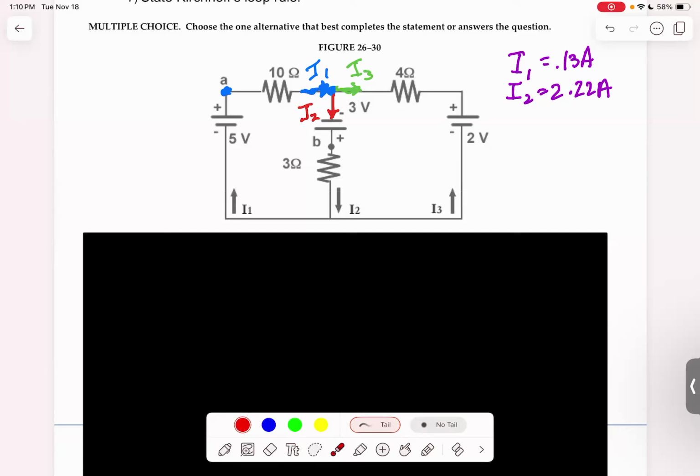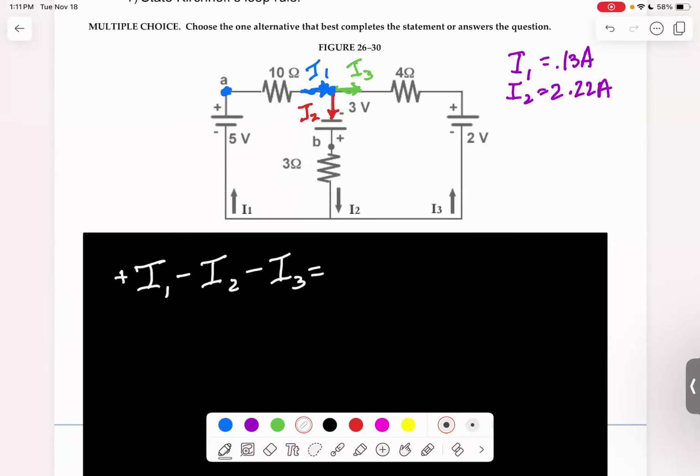So we're only going to set up one equation here. With regard to the current, we'll start at the first current, I1, which is going to be positive because we're assuming that it's going in, minus I2, minus I3. Essentially, the left side is equal to the right side, or they cancel out and make 0. Okay, so that's going to be our first equation that we're going to build off of.